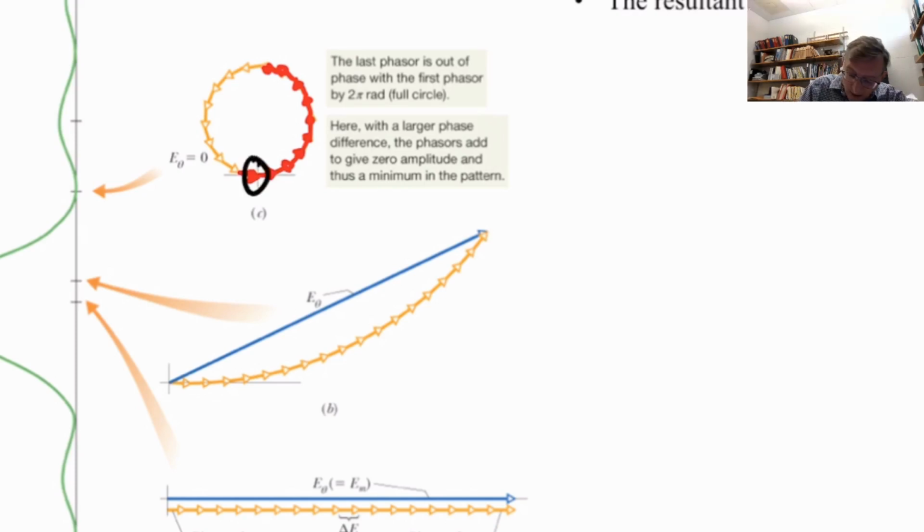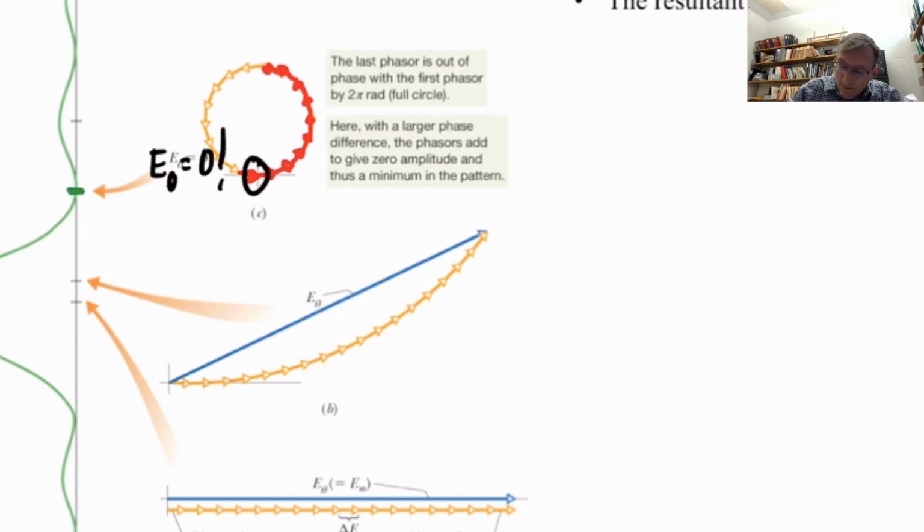So guess what the resultant of that is? 0. There is no net amplitude there. And so there is no intensity there. But sure enough, the intensity graph is 0 right there. And you have your first dark fringe. Okay?